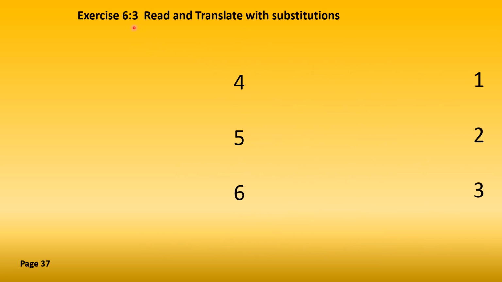Okay, exercise 6, number 3. Same thing. We're going to take the original sentence that they give you, and then you're going to fill in with the substitutions. So the original sentence, you want to translate, Avraham zachar davar min hamelech.